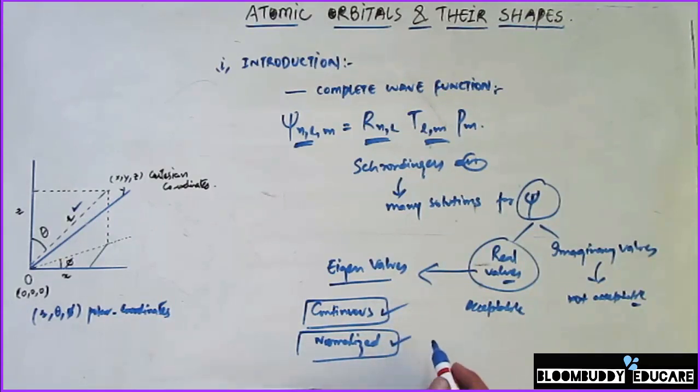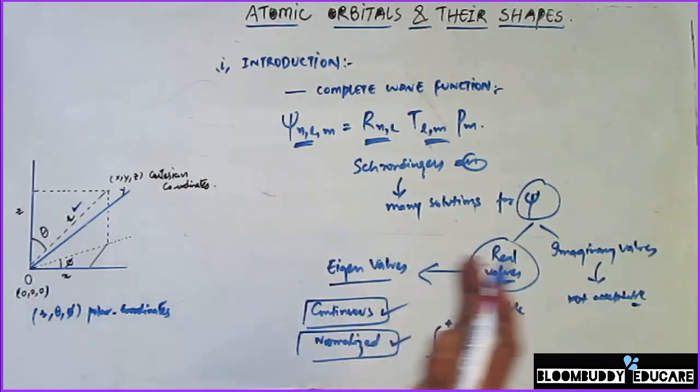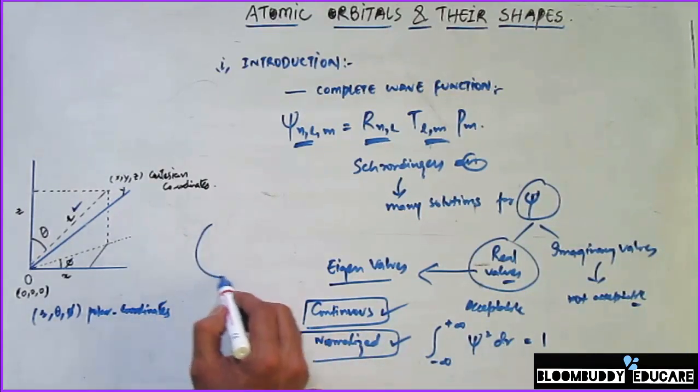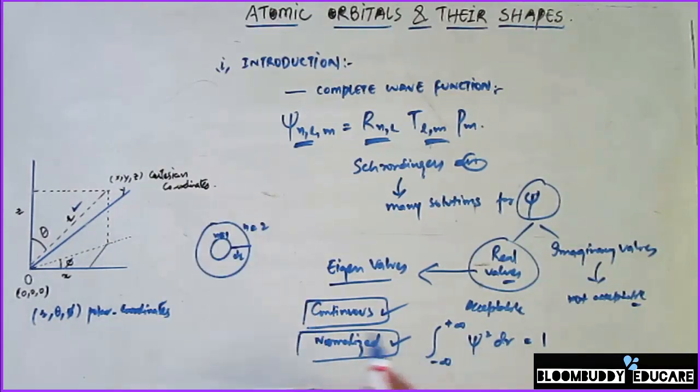Normalized means that they always have to obey a relation wherein, within the integration limits of minus infinity to plus infinity, that means the two extremities, the integral of psi square dr has to be equal to 1. Here dr is a small volume for which I am applying the integral from minus infinity to plus infinity, and it always has to be equal to 1. So this is the characteristic of eigenvalue that I am mentioning here.